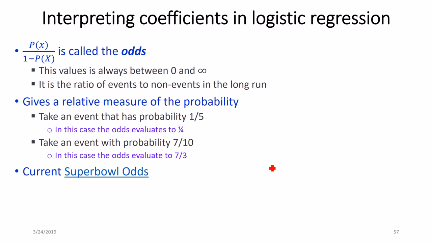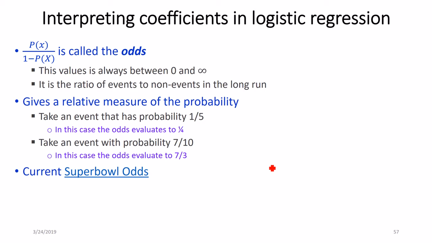The ratio of p of x divided by 1 minus p of x is called the odds, always between 0 and infinity. The odds give a relative measure of the probability. So if p of x is 1/5, then the odds is equal to 1/4.